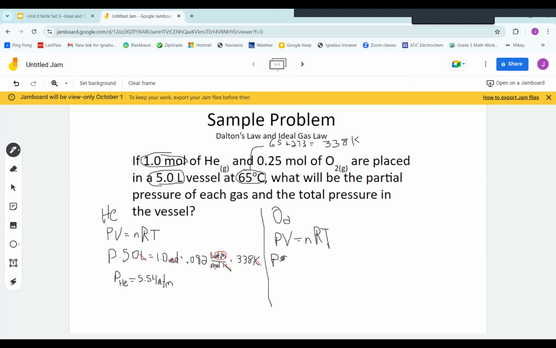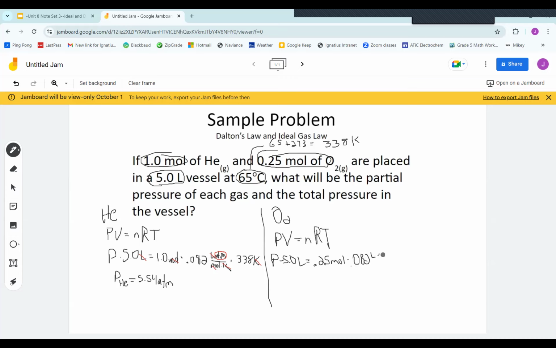The volume is the same as for the helium because it's in the same container. The number of moles is different. They told us that we have 0.25 moles. So where it says n, I'm putting 0.25. The gas constant will be the same as before, 0.082.